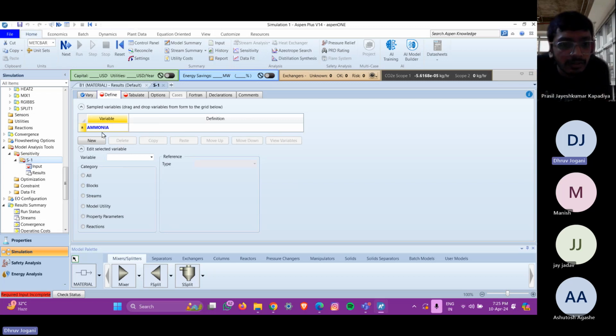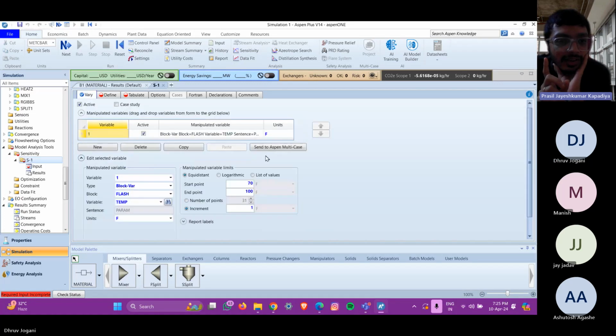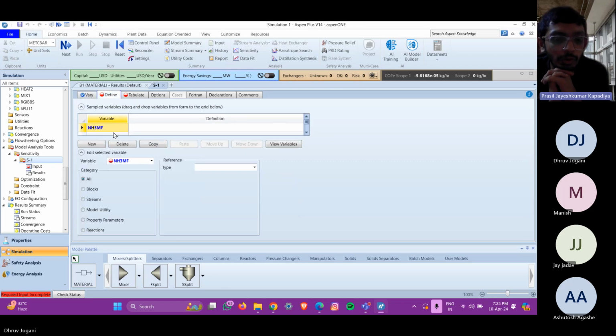What we want to vary is already in temperature. Define is NH3 mole fraction. Can you go to vary again? I guess we are messing up something. Vary means what are we varying? We are varying temperature. Yeah, it is correct. Now we are defining what we want to see: ammonia mole fraction or mass fraction. It's a stream variable.